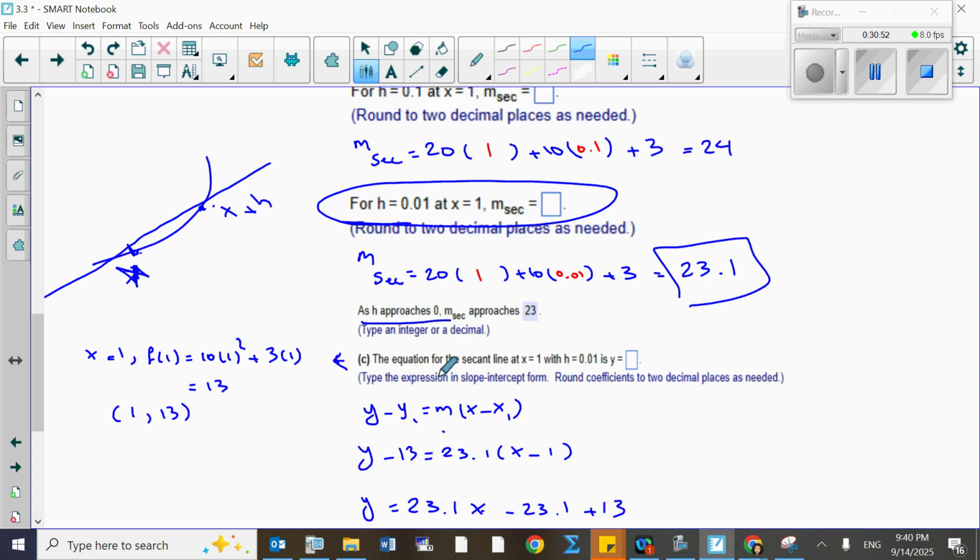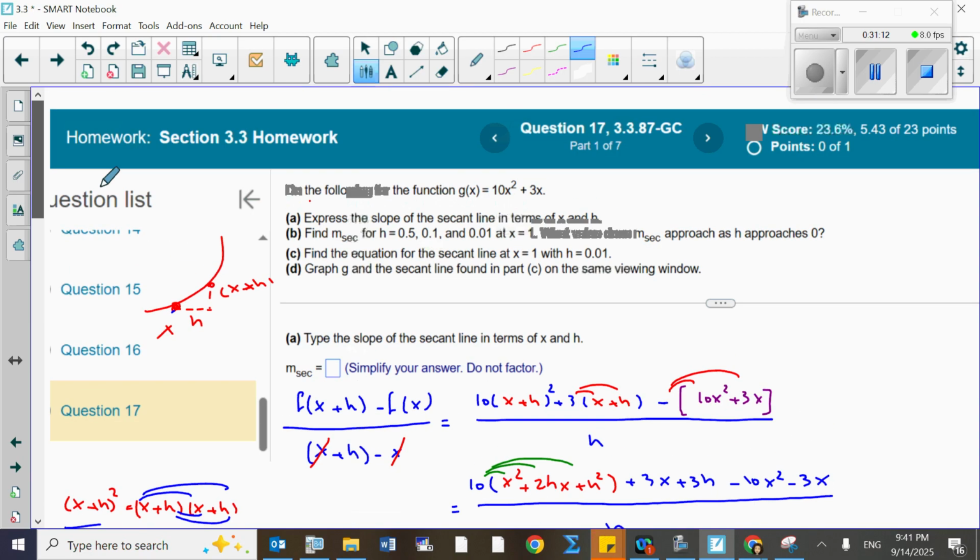And the equation that I'm going to use is this. I need to know what is my x1 and y1. Well, x is equal to 1, and I need to find what is y1. Just replace x equal to 1 into the formula that we have. That is the original function here.